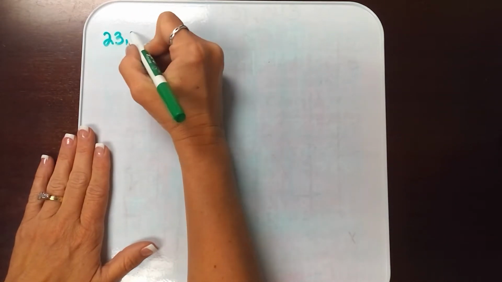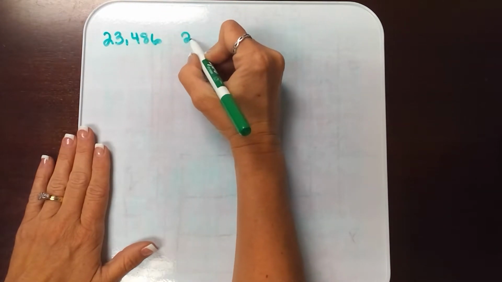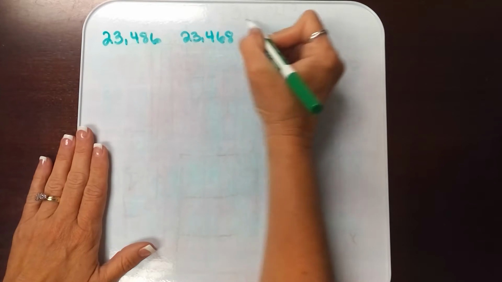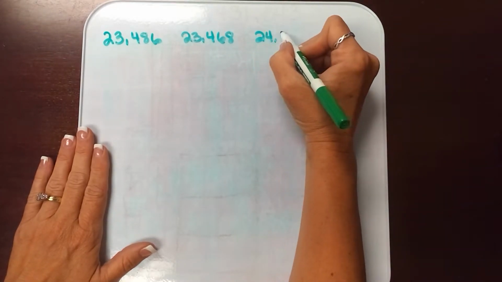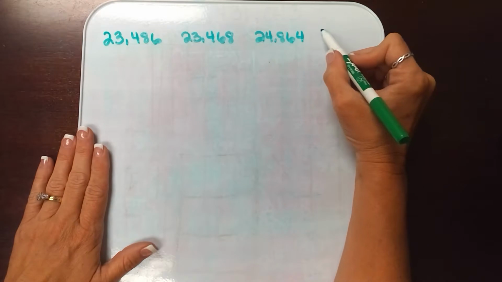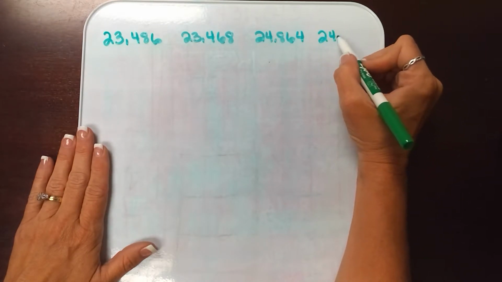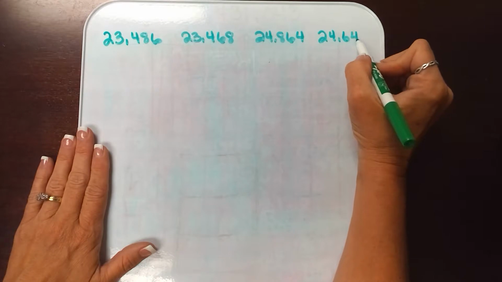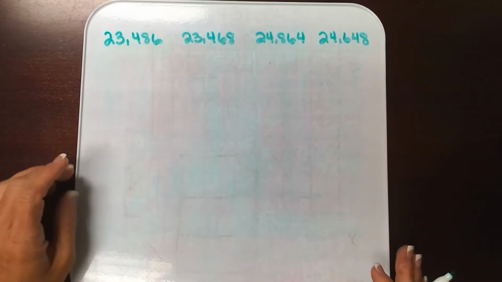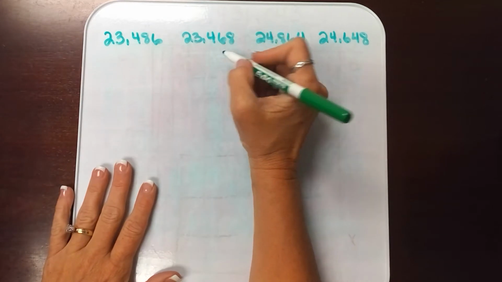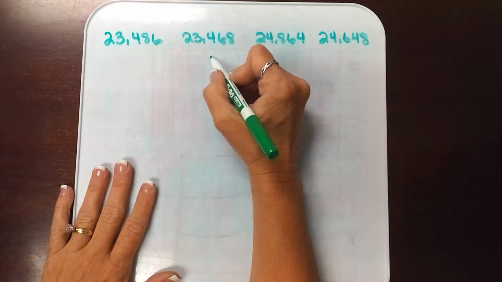All right, so our strategy for greatest to least, least to greatest is the exact same thing. So let's pretend that we have these numbers in a problem, and they ask us to order them from greatest to least.